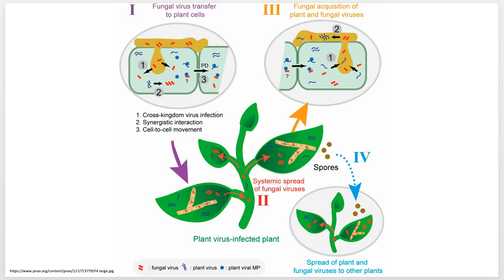What this diagram is trying to get at is that there are some viruses that can infect funguses and plants, so you get cross-kingdom viral infections. Since it can infect both, you can see it in funguses, you can see it in plants, and you can see it in plants that have funguses growing on them or in them, since they have such close-tied connections. So it's super, super interesting stuff.